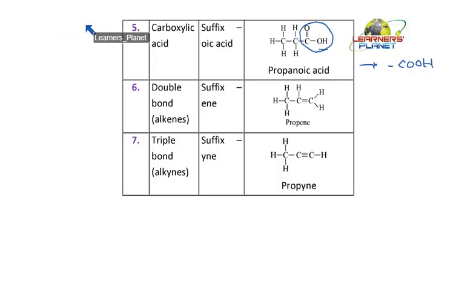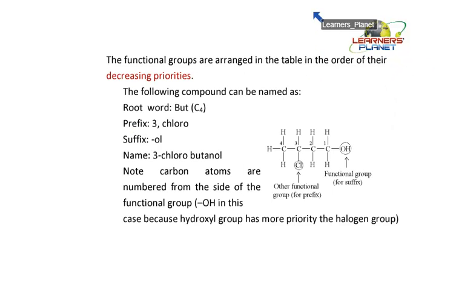Okay. Now there is a double bond and triple bond. I have told you the suffix is "ene" or "yne". So I have told you the namings of alkenes and alkynes. Now the functional groups in the table are arranged in the order of their increasing priorities and not the decreasing priorities.